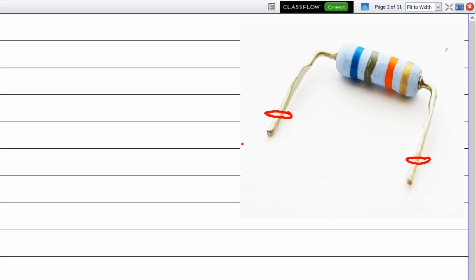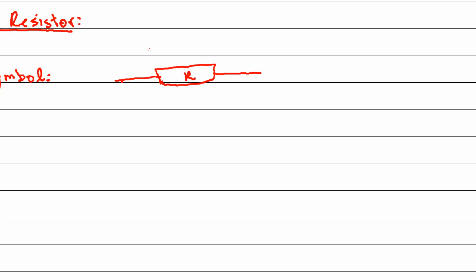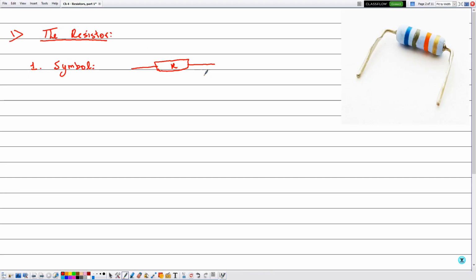Then here in this case, we'll apply the same trick that we have done in chapter number 3, which is giving a symbol for this electric components. So let's give the resistor the following symbol. So it's a rectangle having two terminals. These are the terminals of the resistor, and the letter R stands for resistor.